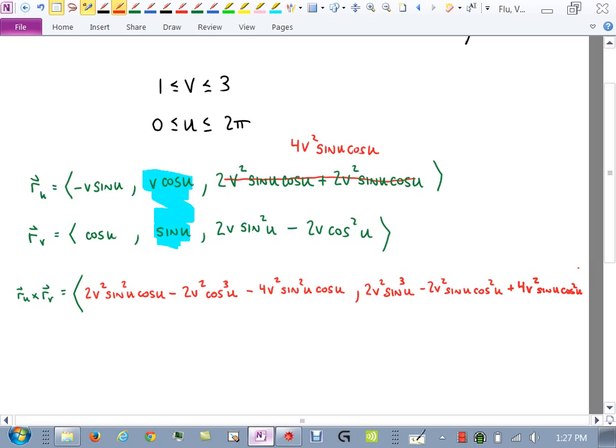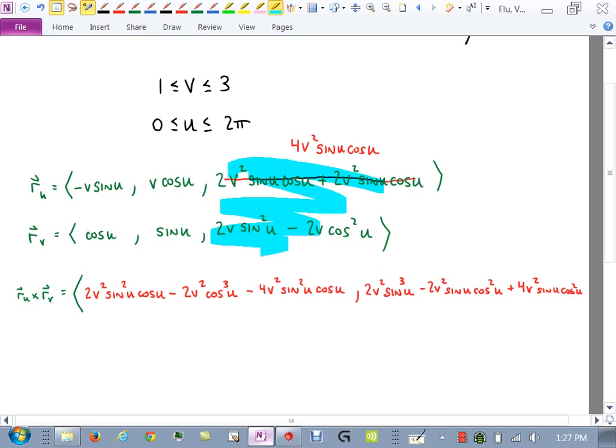So we ignore these and do the regular determinant on this one so we don't have to change the signs. So I'm going to have to continue over here. What do we get? Negative V sine squared U minus V cosine squared U. Done.